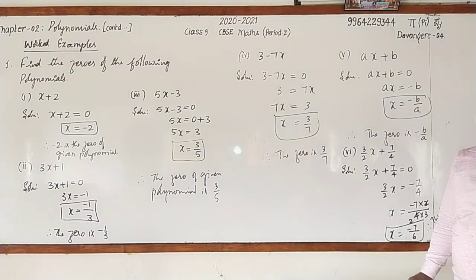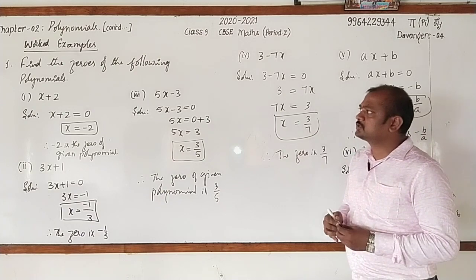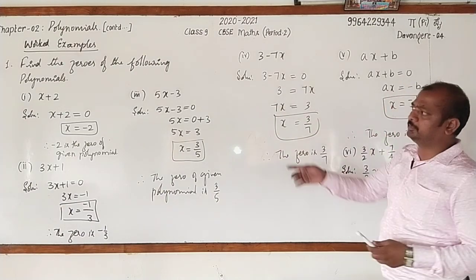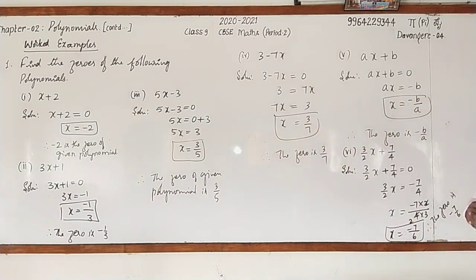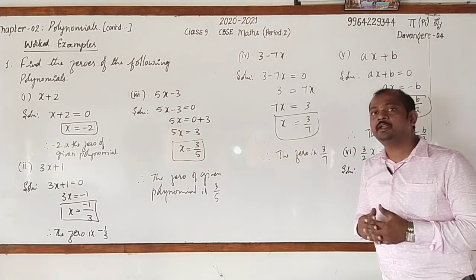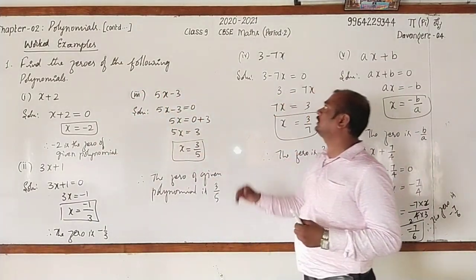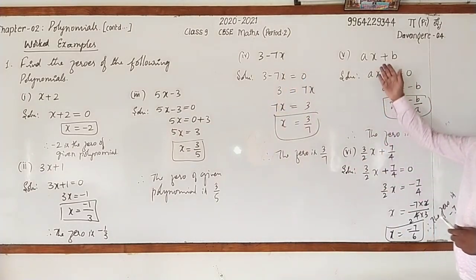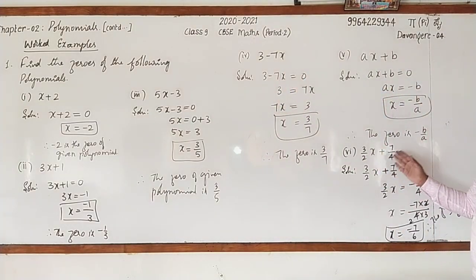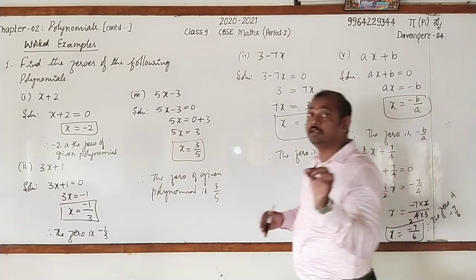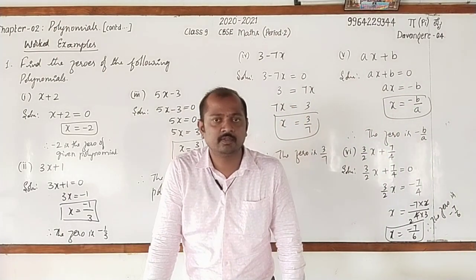Understood this? Okay. Dear students, observe all these polynomials. Could you tell what is their degree? All the polynomials: x plus 2, 3x plus 1, 5x minus 3, 3 minus 7x, ax plus b, 3 by 2x plus 7 by 4. Their degree is 1, right?